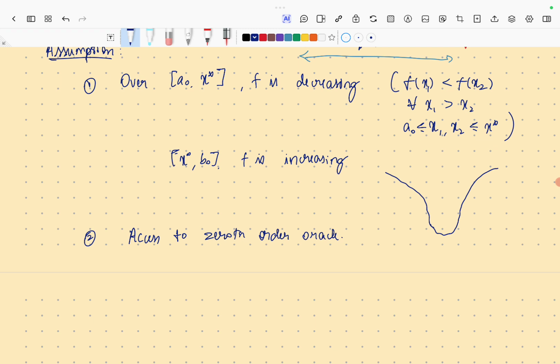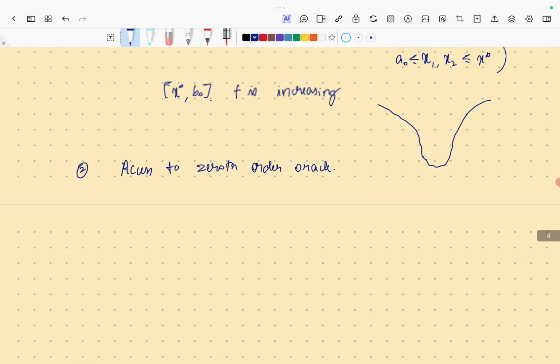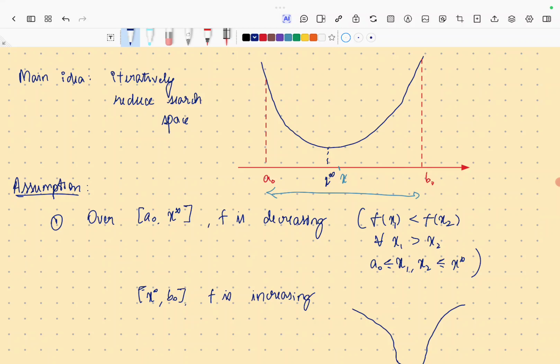How I evaluate f is not important, but I can evaluate f of x for any point x between a0 and b0. The setup is clear.